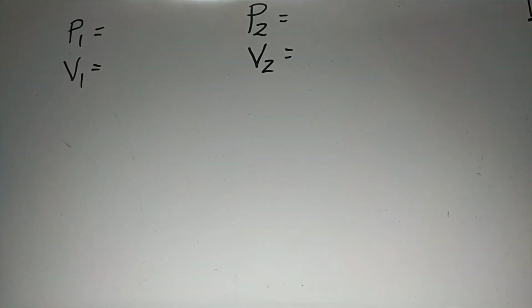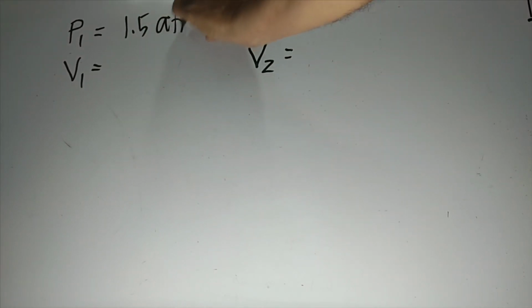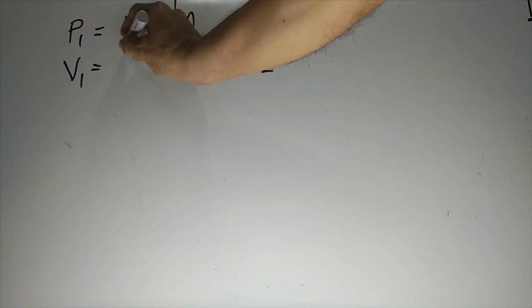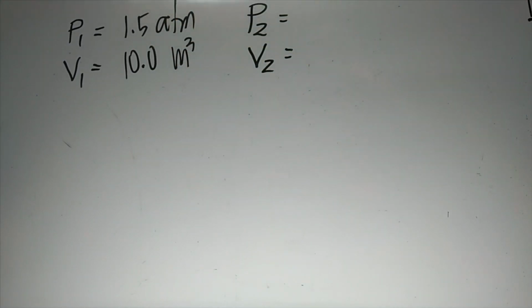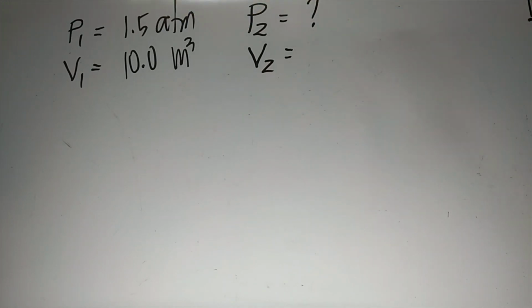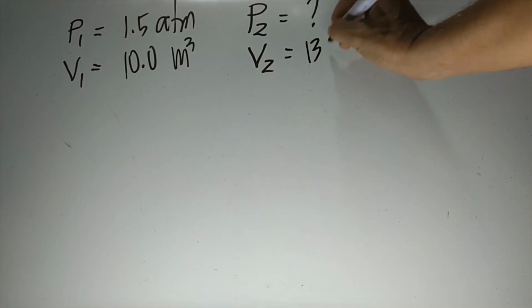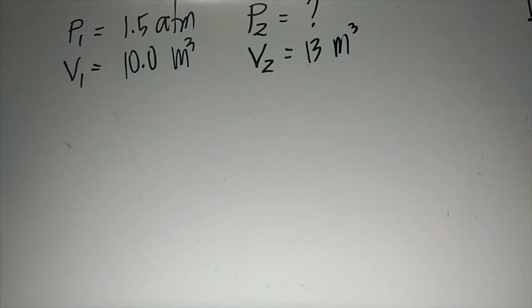For P1, it's 1.5 atmosphere and its volume is 10.0 cubic meter, and its pressure is unknown, and then its volume is increased by 3. So meaning to say we are going to add 3 to the initial volume, which will become 13 cubic meter.